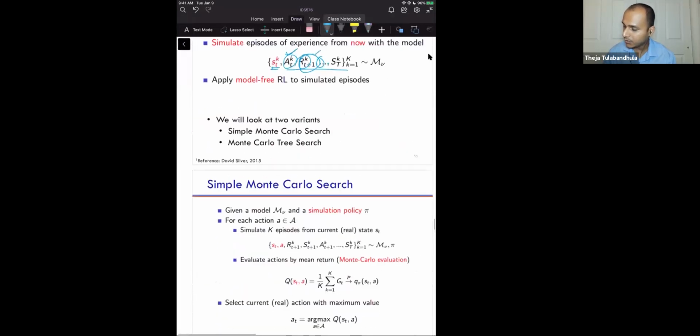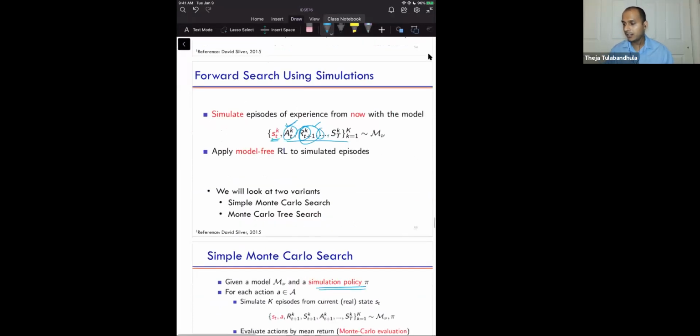So let's actually use a simulation policy. Which means that now I need to also have access to a simulation policy. Just think of the simulation policy as some default program. It's not the best policy, but it's some policy which does something somewhat intelligently. If you code up an if-then-else rule, some hand-engineered policy, just think of that as a simulation policy.